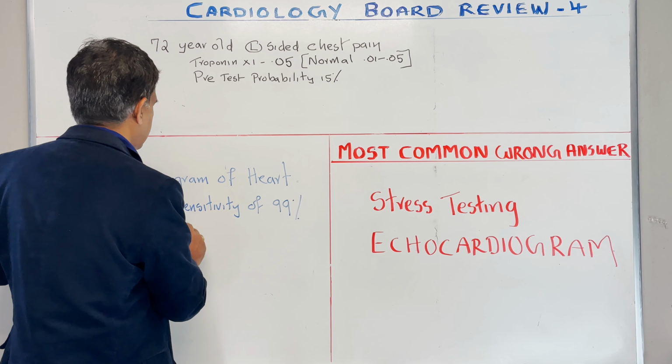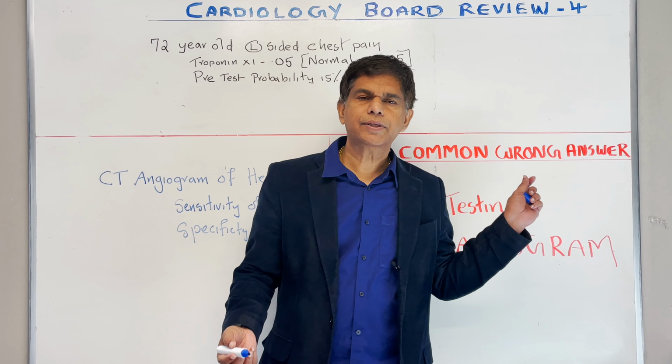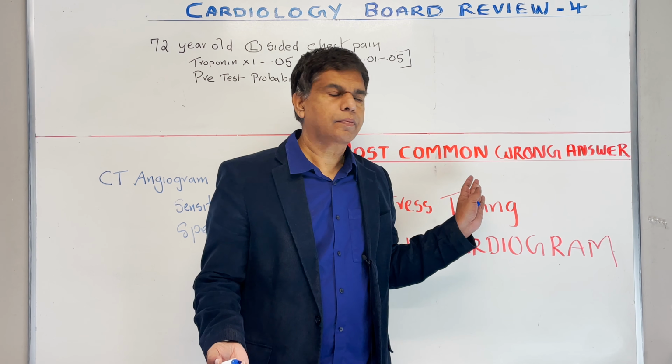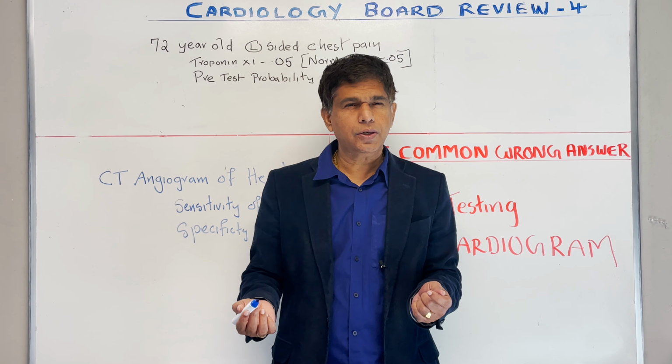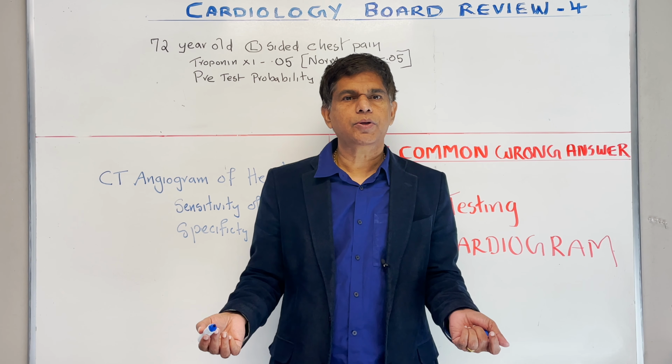So pretty good test, okay? So that's the answer. The most common wrong answer is like stress testing. If the troponin was not equivocal, maybe it's a good idea you can do a stress test. But don't pick echocardiogram because unless you do a stress echocardiogram, you will never see what's going on, is there an ischemia or not, right?